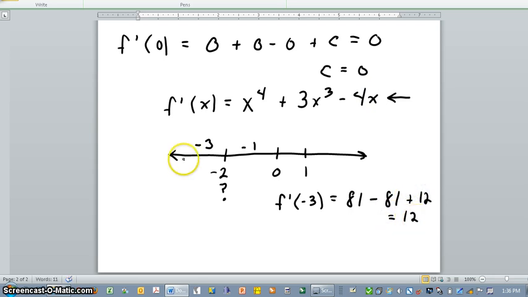That means my derivative is positive over here. Then I would plug -1 into my first derivative. That's going to give me 1 minus 3 plus 4, and that comes out to be also positive.